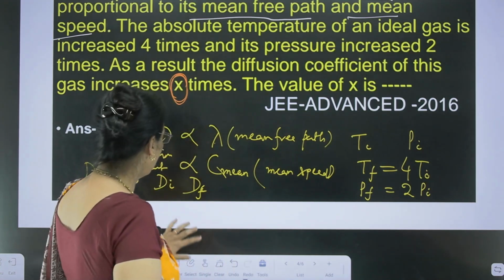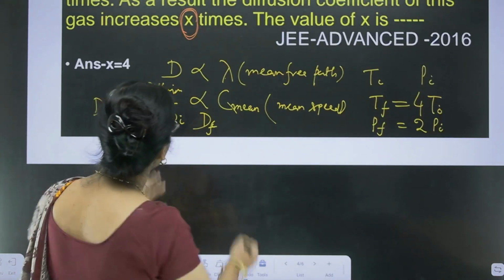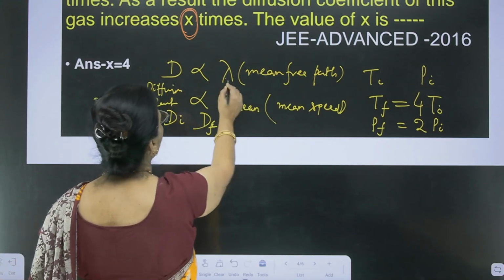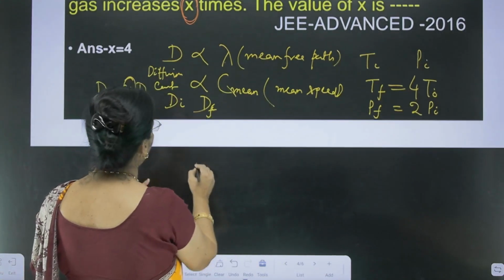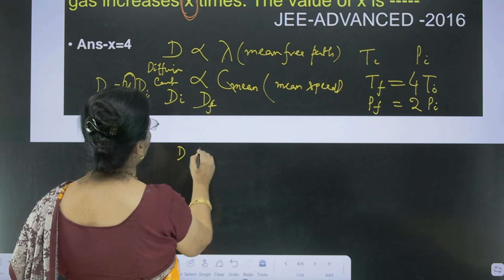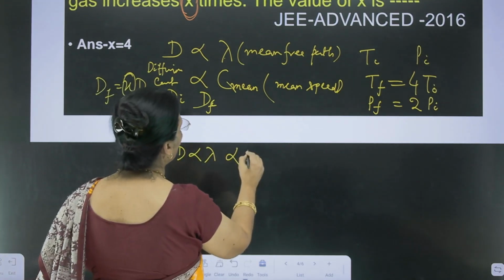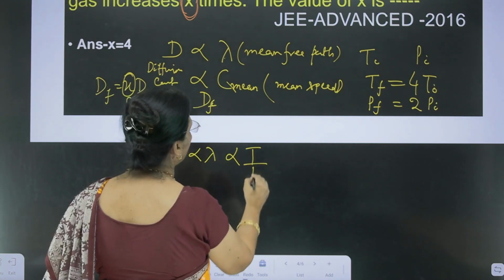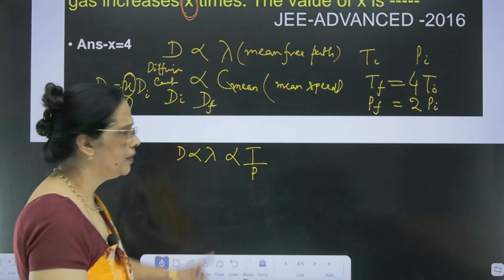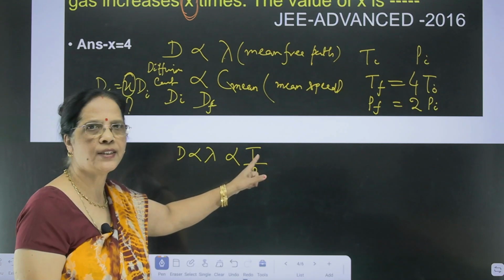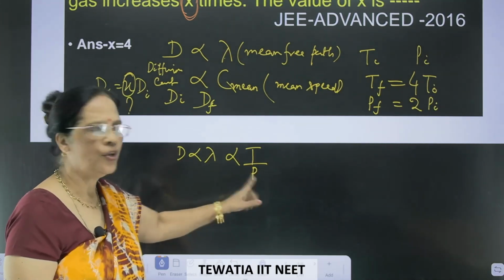Now let us proceed. We have seen D is proportional to lambda, which is proportional to T by P. It is directly proportional to temperature and inversely proportional to pressure.